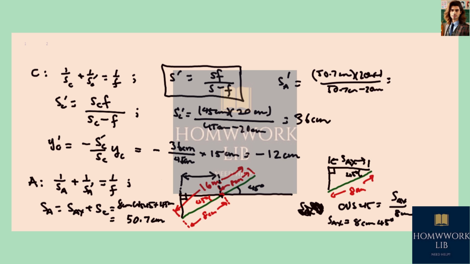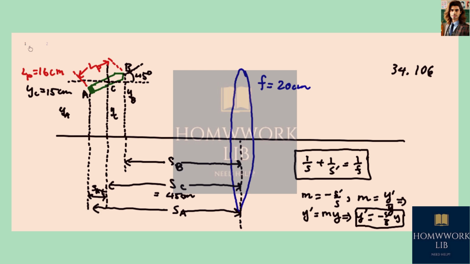And that gives me an SA prime of 33 centimeters. Okay, so again, SA prime is positive. I'm 33 centimeters to the right of the lens, right? So my eraser is 33 centimeters to the right.